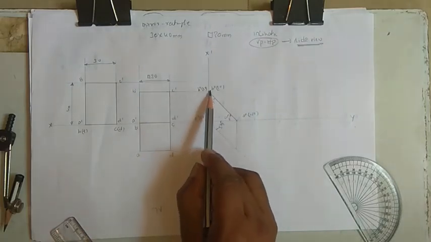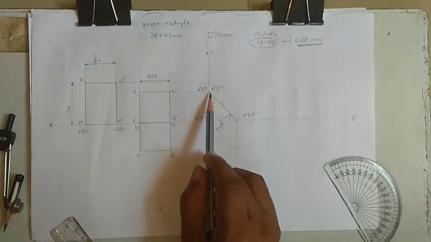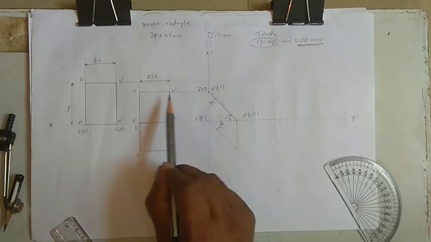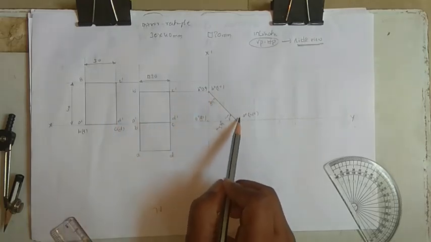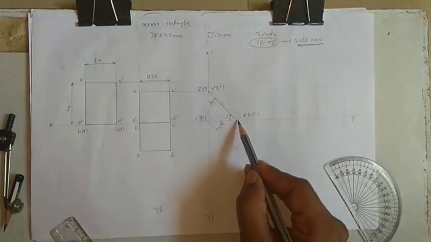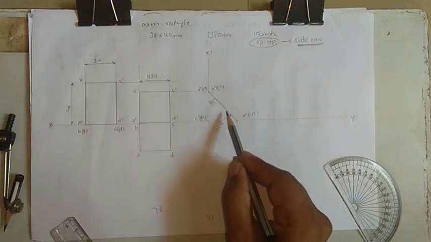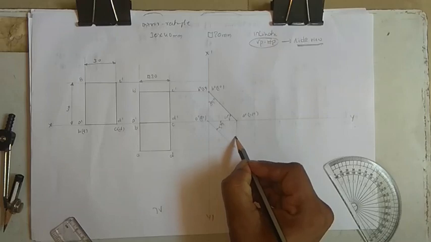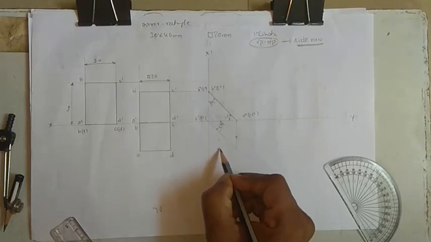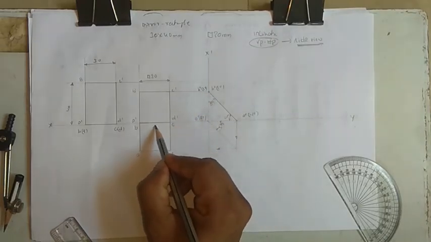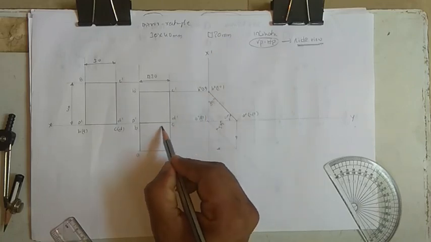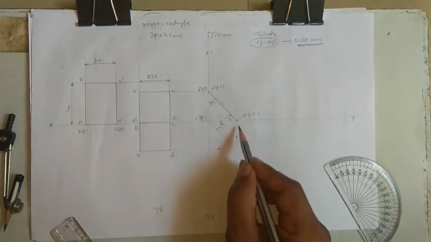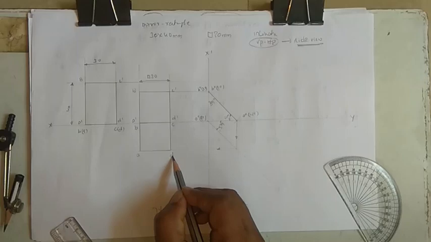Okay, so we have taken the projections till here, and from B and C we took 40 mm and cut it on the XY line. Then we made this line dark because that is the side view of a rectangle, and we have taken a projection downward and to the left. Okay, so this is the BC line, so C and B, and this is the AD line, so A and D.